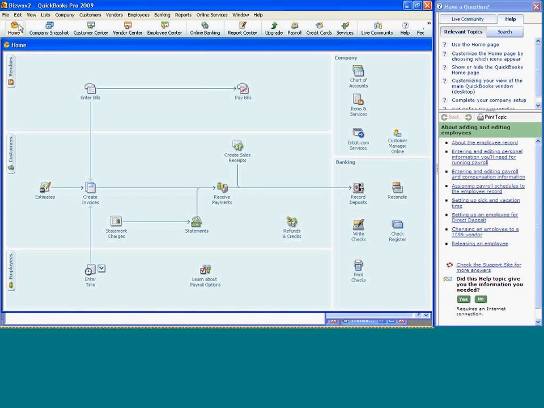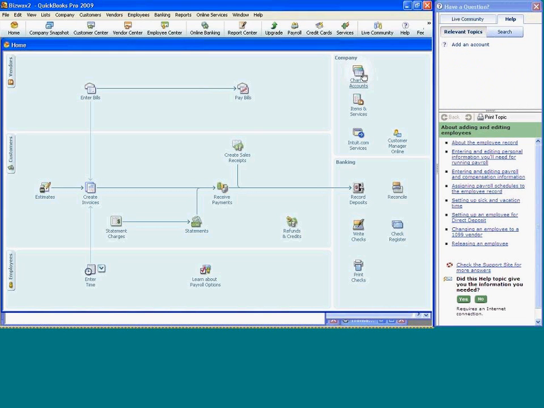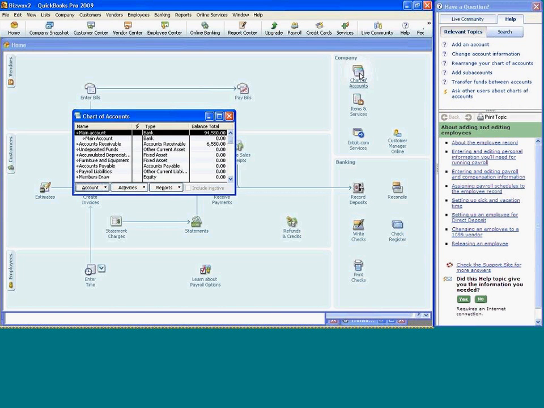Okay, so we've done, I would say, 90% of the left side. Also over here, another. Can I move this? Okay. We have the chart of accounts. The chart of accounts are all the things that we have over here. Those are the various parts of the account, main account.